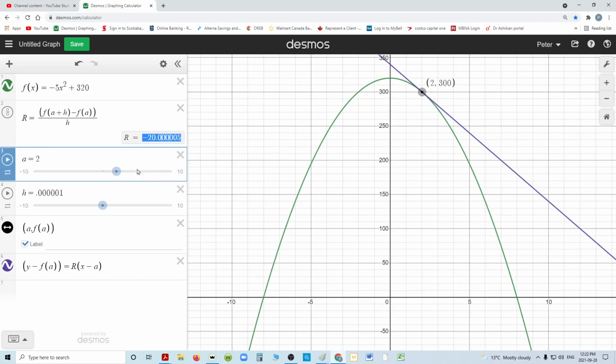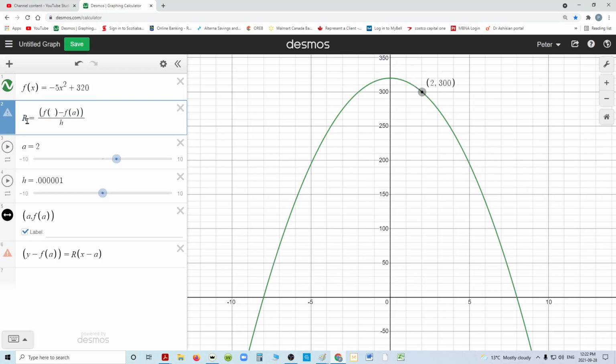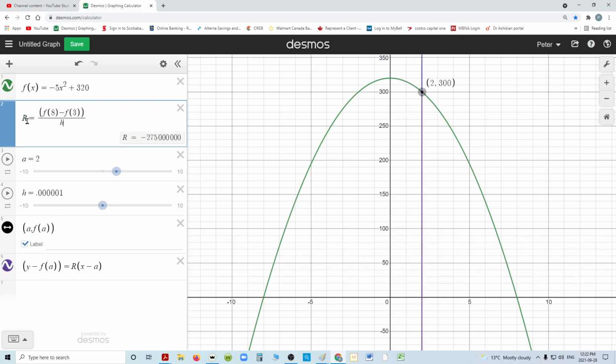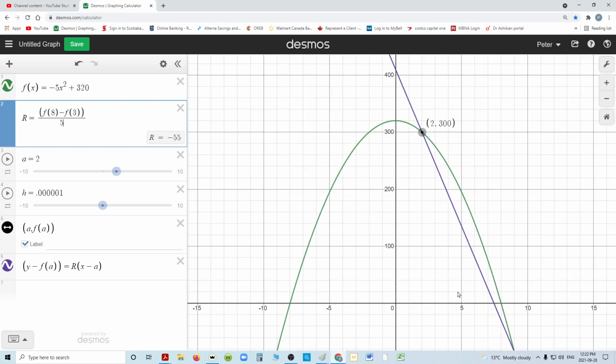You can also make a copy of this, and I'm just going to alter it, and you can do that old thing that we just figured out, which was that they wanted the difference between 8 seconds and 3 seconds, I think it was, over 5, and that was this secant line. Was it 8?